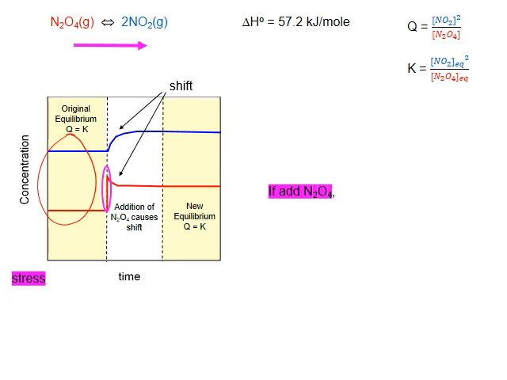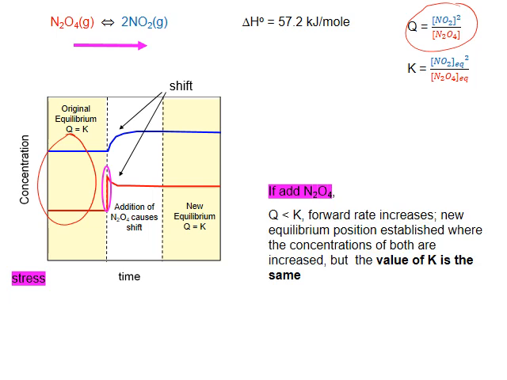Since we've added N2O4, if we evaluate our Q expression, we have now made the denominator a larger number. This means that the value of Q is going to be less than K. This will cause the forward rate to increase.